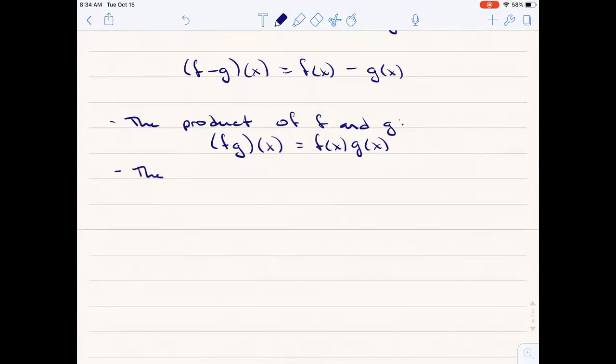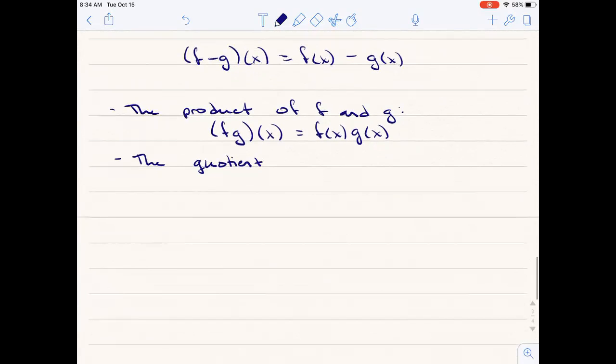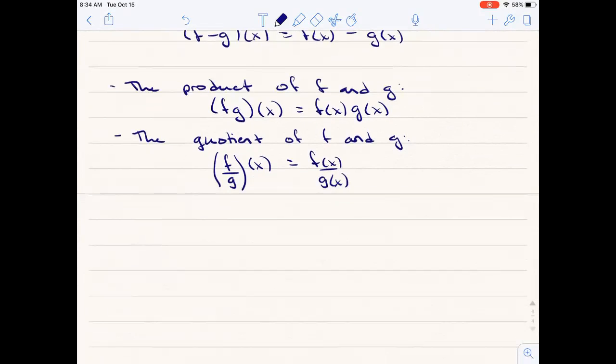The quotient of f and g is f over g of x, which is the same as f of x over g of x, provided, as soon as we're dividing, we have to make sure that we're not dividing by 0, right?